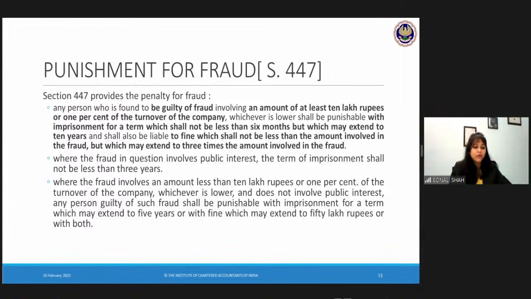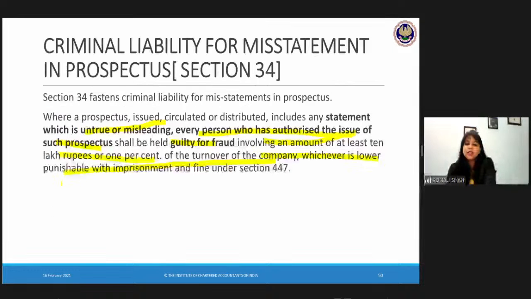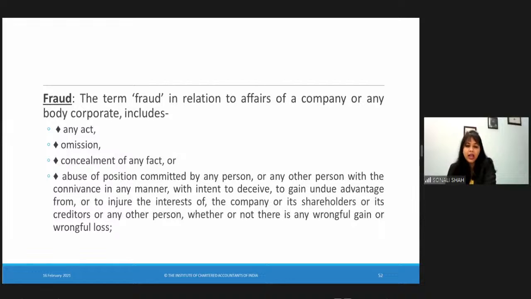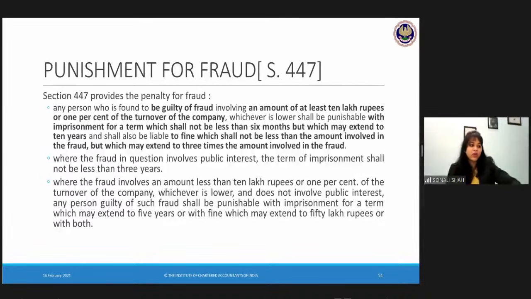So 447 is given at the end of your study material. You will be able to find that. I have mentioned this section 447 here itself because it keeps coming again and again. So when you look at fraud, you will get to see section 447.